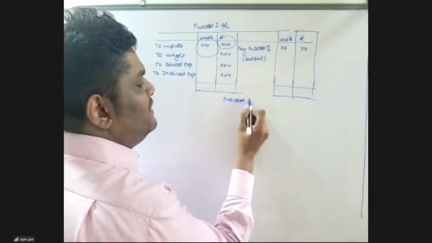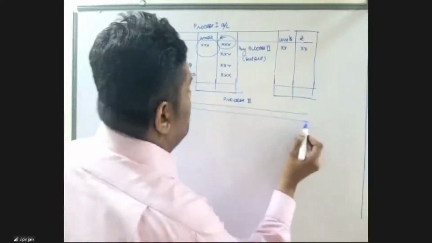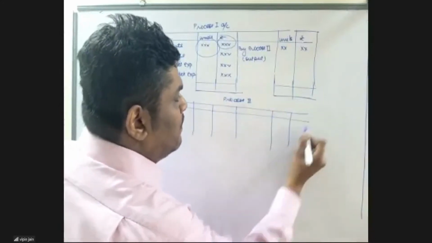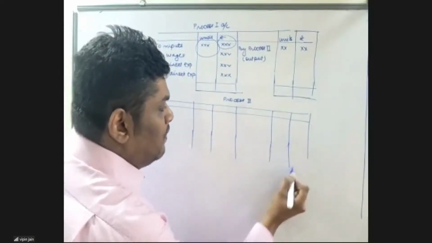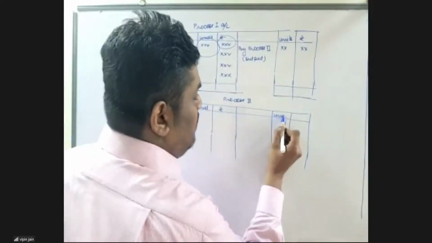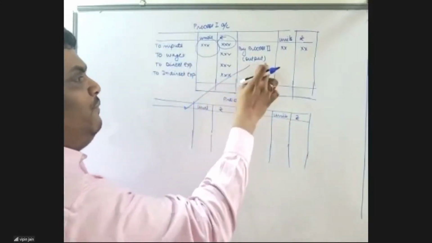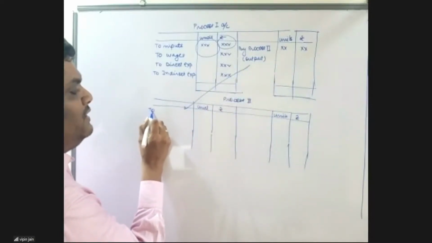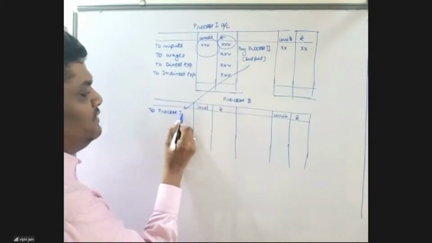Now, when talking about process second, the output of process first is to be transferred to the next process, that is process second. So we'll first record the input that we have received from process first.